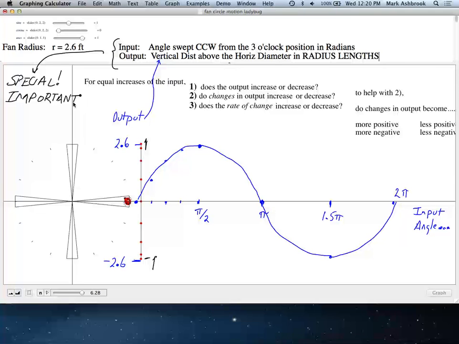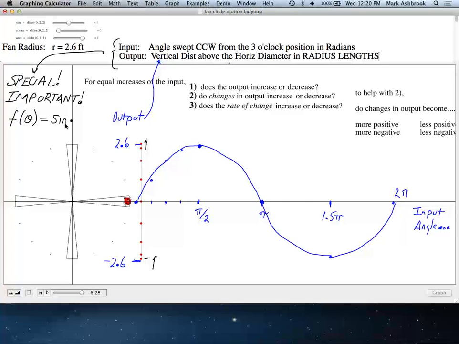So this relationship of these two input and output quantities. The input, the angle swept, counterclockwise from the 3 o'clock position. And the output, the vertical distance, no longer measured in feet, now measured in radius length, so it can be any circle. Does anybody, some of you know what function that is? This is sine.